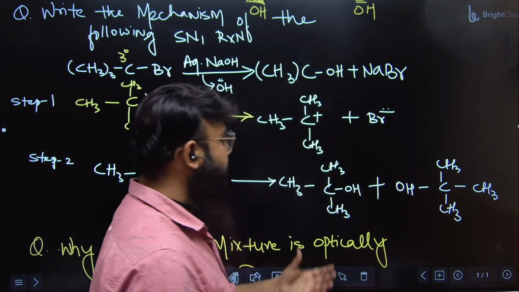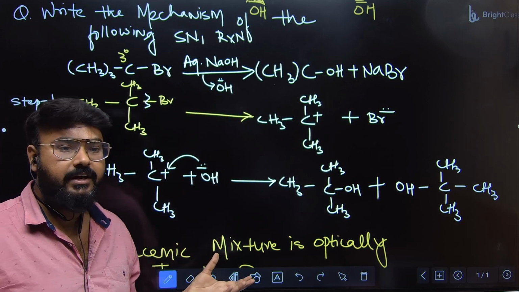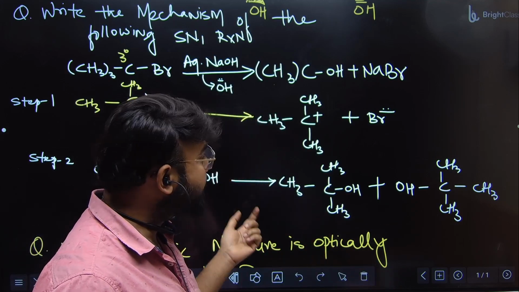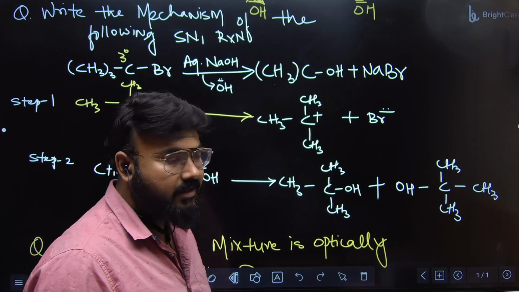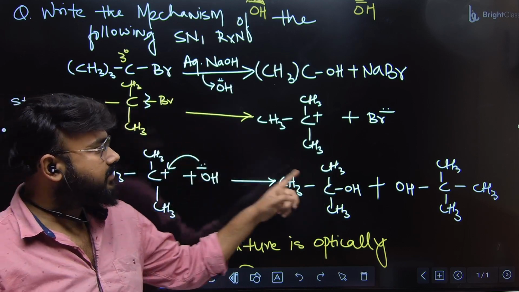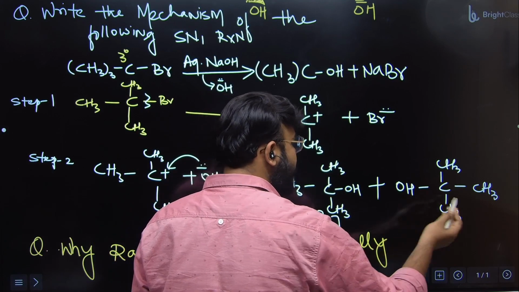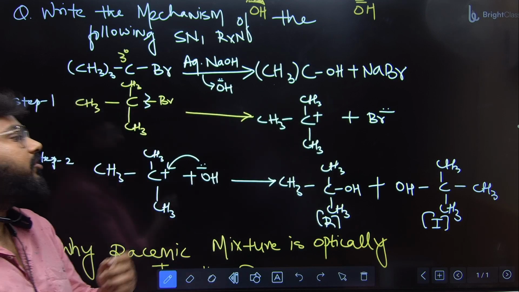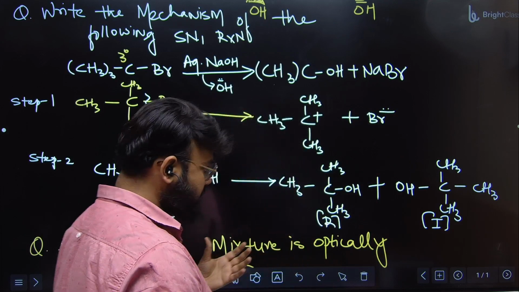I hope it is clear. SN1 you already know: it's a two-step reaction giving two products, both retention and inversion, because we use a polar protic solvent, so attack can be possible from both ends. Where the old nucleophile was, if the new nucleophile comes at the same place, it's called retention. If it comes opposite, it's called inversion. And when both are formed in 50-50 amount, it's called a racemic mixture.